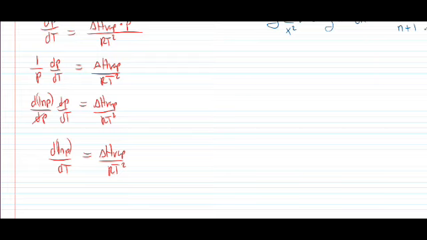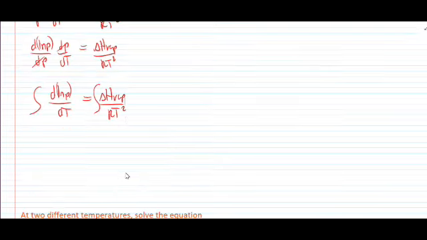At this point I've gotten to an expression that looks a lot like what we had above. And from here, I'm going to integrate both sides with respect to temperature. What that's going to do is free up the natural log of pressure, and then we can bring out constants.